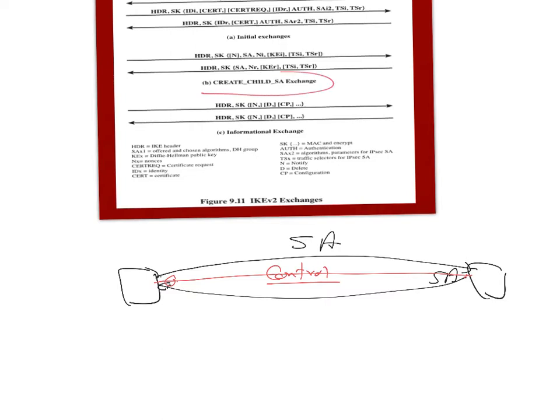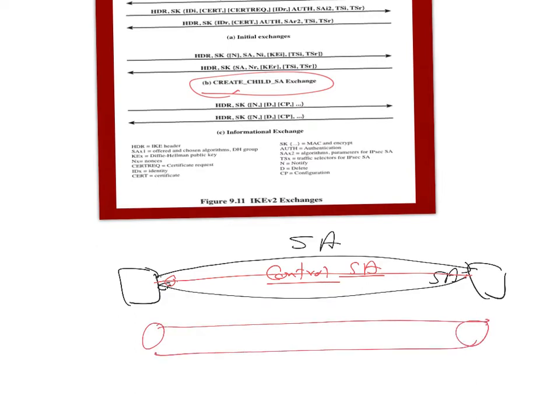So this traffic is actually also initialized, and you need, in fact, another security association for the control traffic. So then you need security association for the key exchange. So you need to do a key exchange in order to establish a security association for the tunnel itself. So for the tunnel, you need security association.